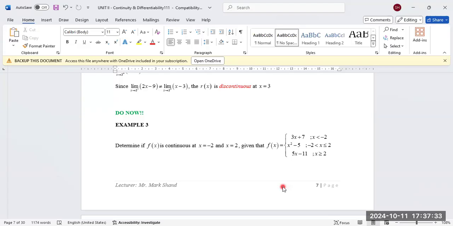Put it this way, in layman's terms: if they're not equal, it is discontinuous. If it's equal, it's continuous.